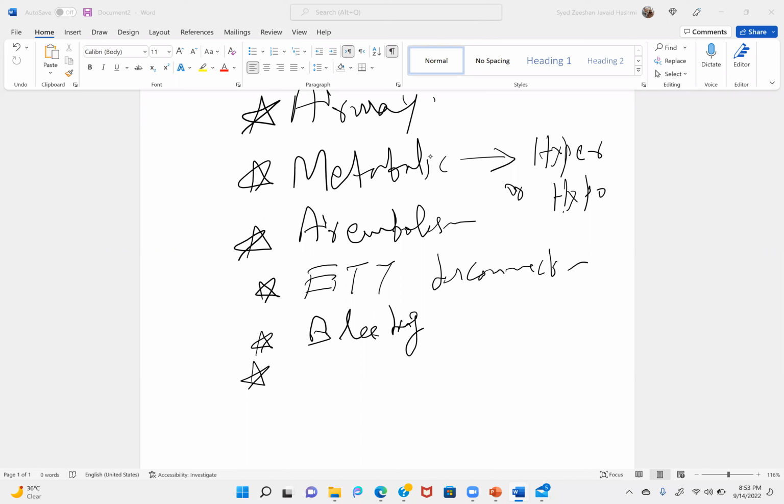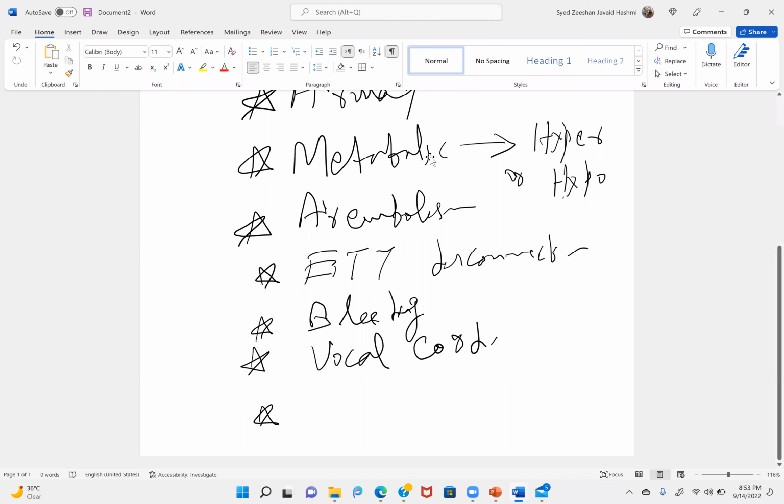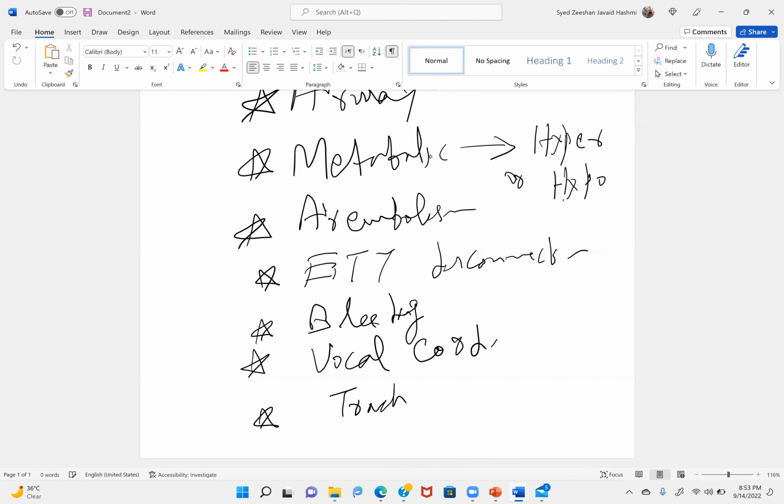Anything else? Concerns related to vocal cord. Okay. Vocal cord problems. Then tracheomalacia related, post-operative, and then later on, because parathyroid will be removed, concerns related to parathyroid and hypocalcemia.